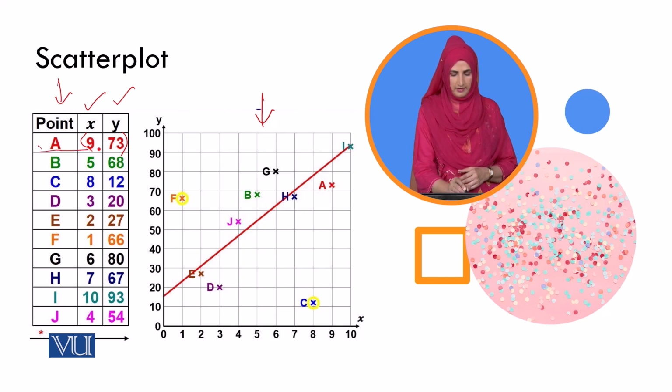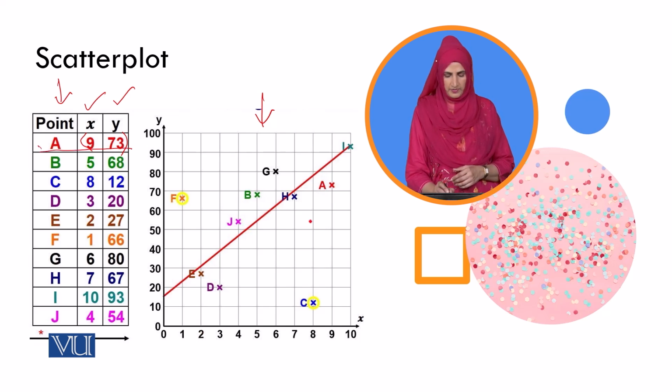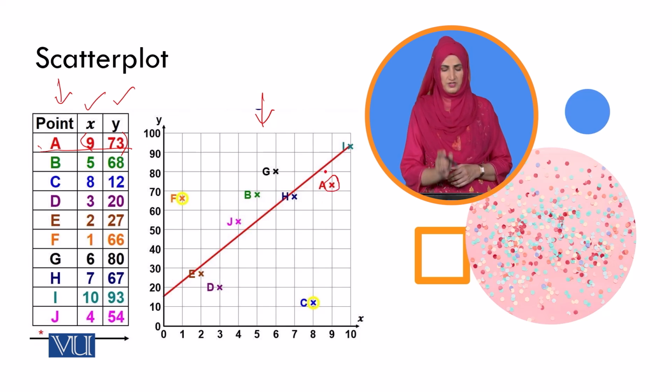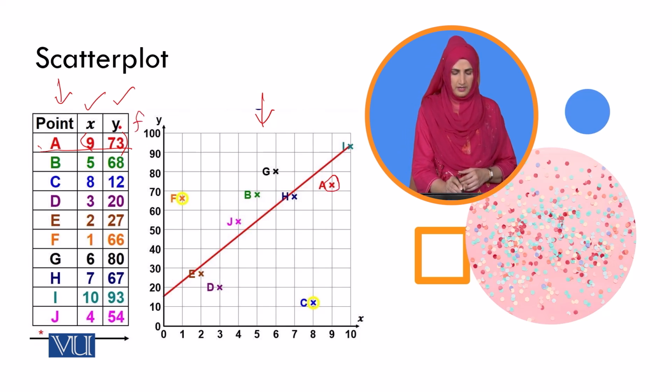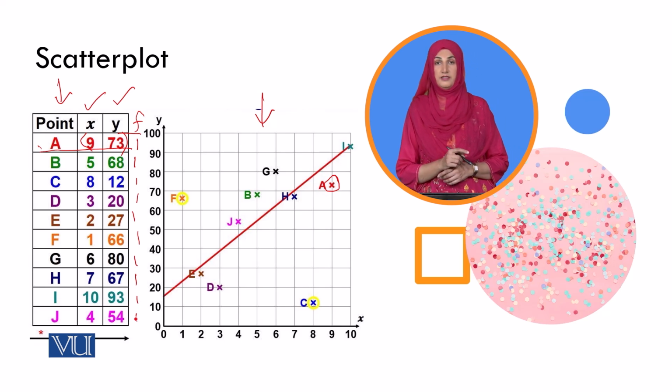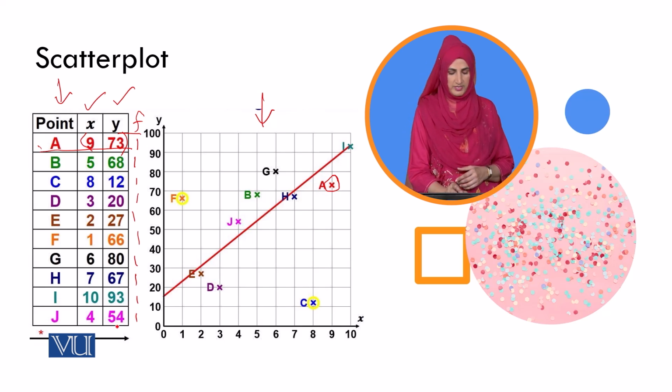First one, A, 973. This cross sign shows that it's a single observation, so frequency actually is 1. In this table, all values are repeated a single time. That's why there is no need to put this column here.